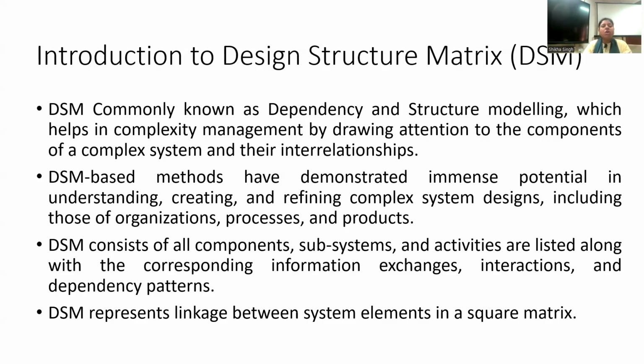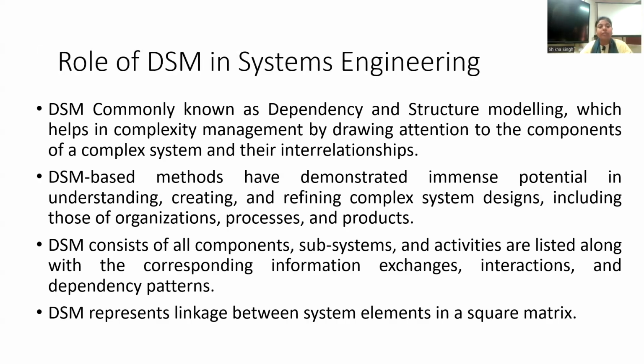So the matrix always has a very important role in designing or making any decisions in the systems. So now you see this DSM represents linkage between system elements in a square matrix, right?